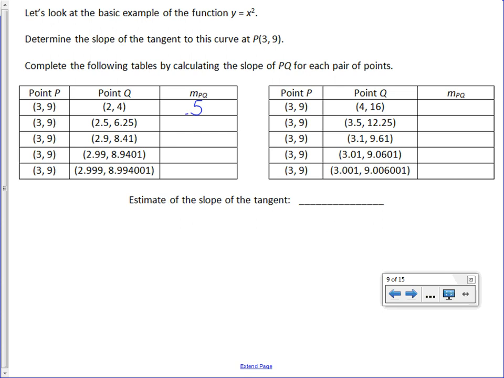I get 5.5. You guys with me? 5.5. And then 8.41 minus 9, and then divided by 2.9 minus 3. Oops. Bracket, 2.9 minus 3. I'm getting 5.9.